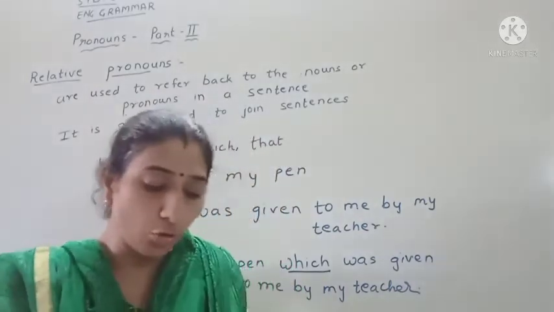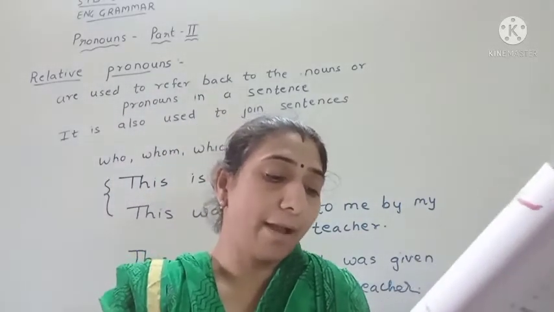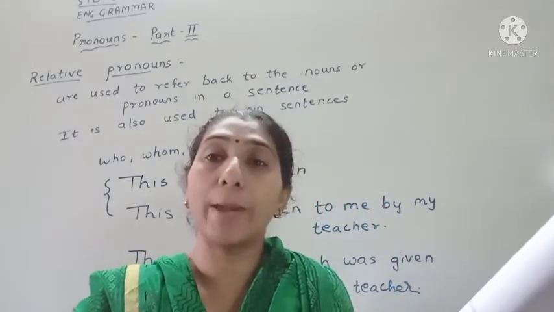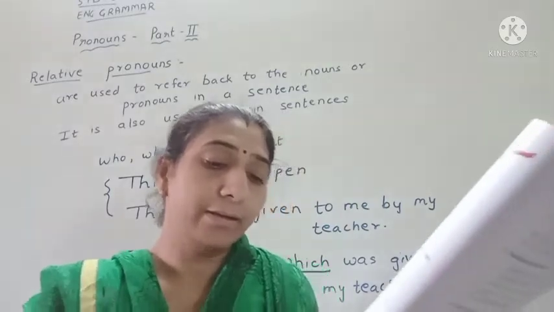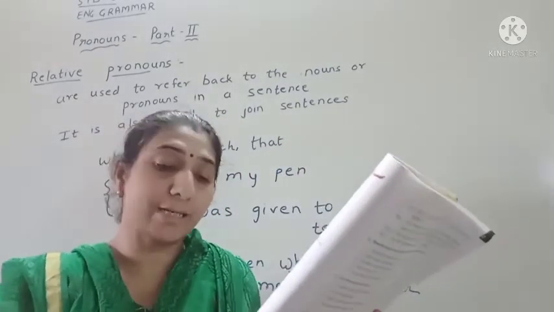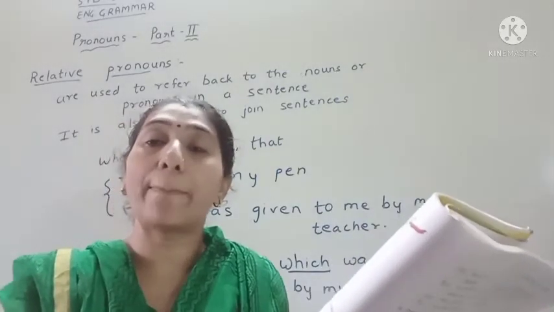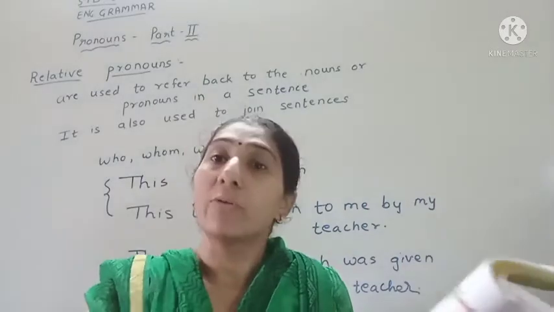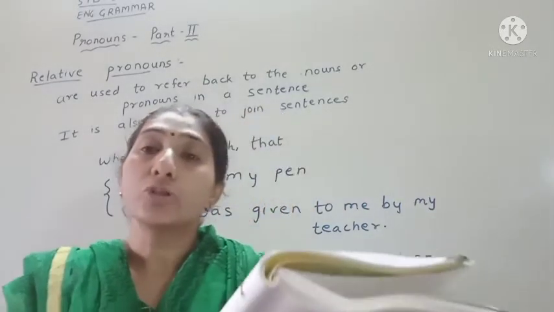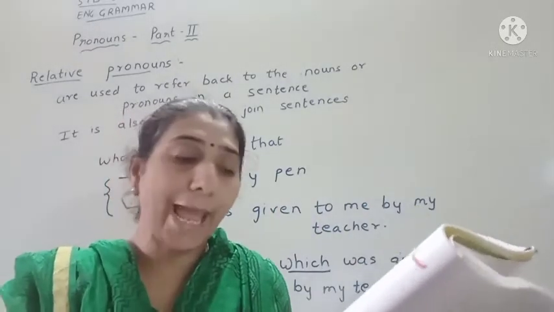Now let us do exercise F. Riya: Hi Jaya, I am going to bake a cake. Where is the packet of butter that we bought yesterday? So with that, we are talking about the packet of butter which was bought yesterday. So here we have joined the two sentences with the relative pronoun that.